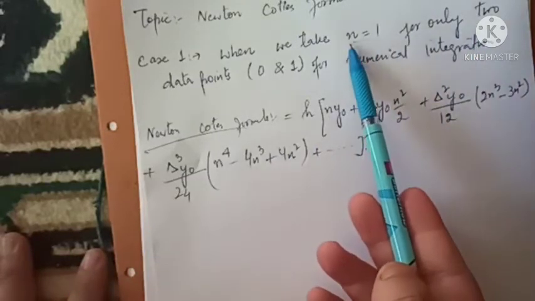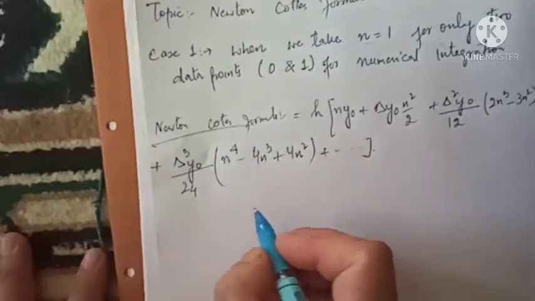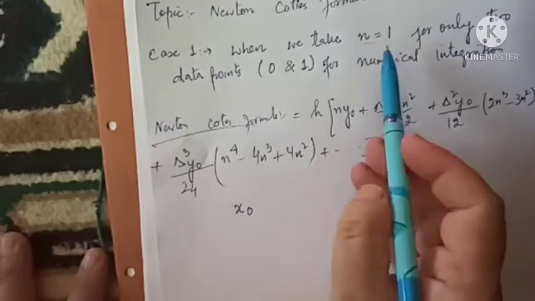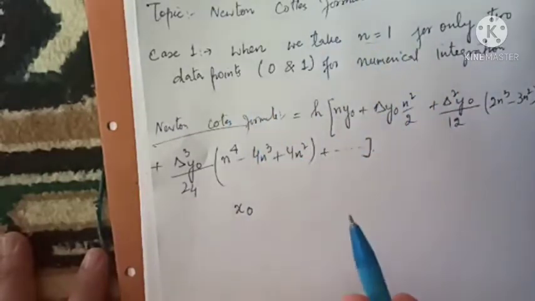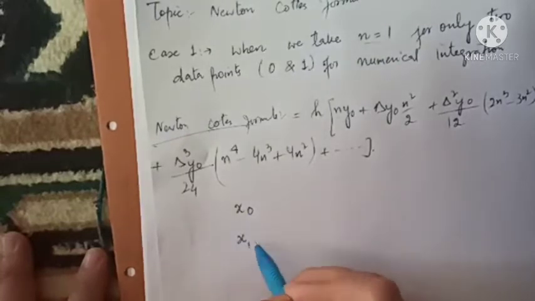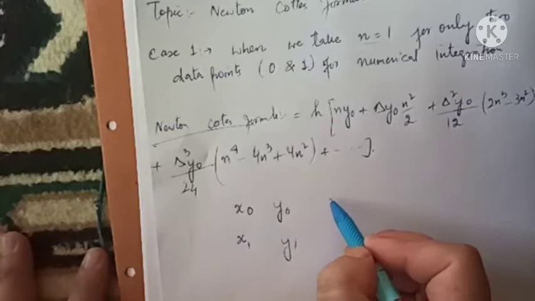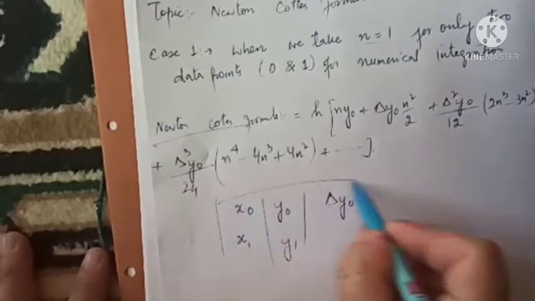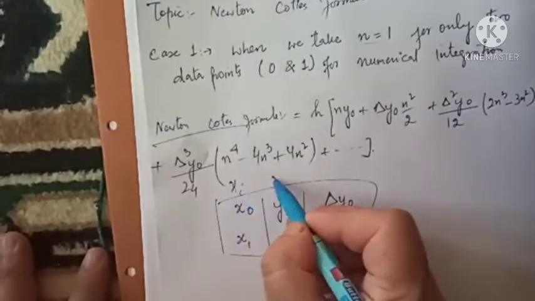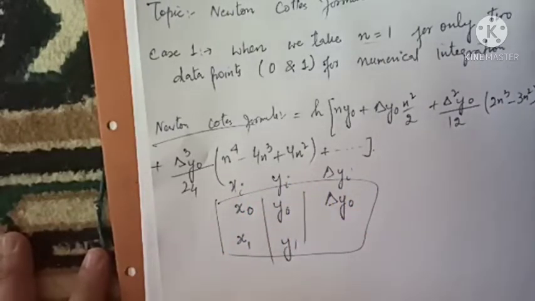As I told you, when n is equal to 1, that means we have only two data points on which we have to work. Here n is equal to 1 means the degree of the operator. So we have x0, x1 and y0, y1, and the difference table will be like this: xi, yi and delta yi for only two data points.